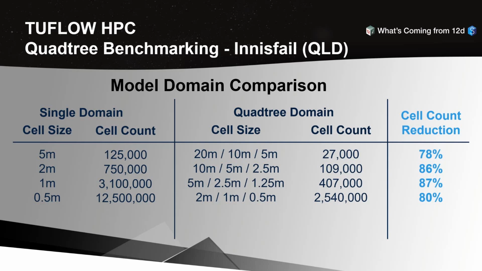And you can see by stepping out 3 levels for all these different versions of the same model, we're able to reduce the number of cells by about 80%. So it's a pretty big reduction in cell count. So the largest model there, let's see, from 12 million cells down to 2.5 million. That's a big reduction.